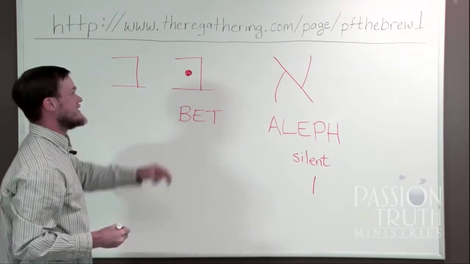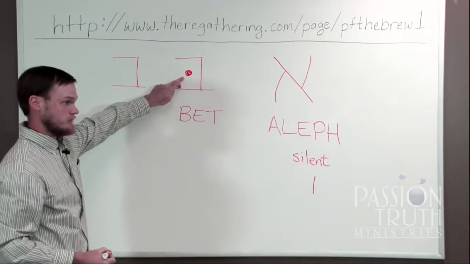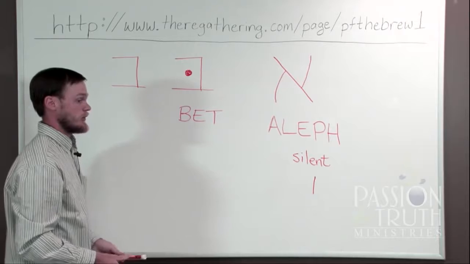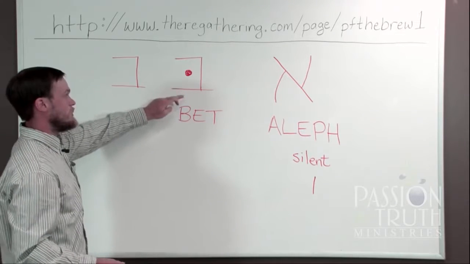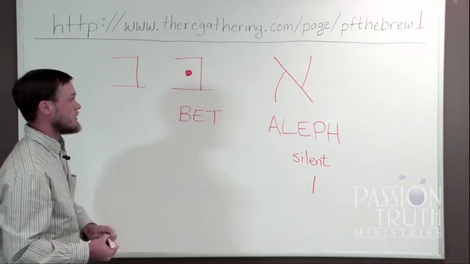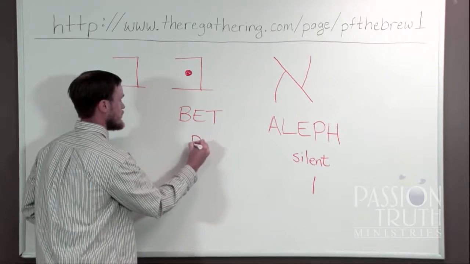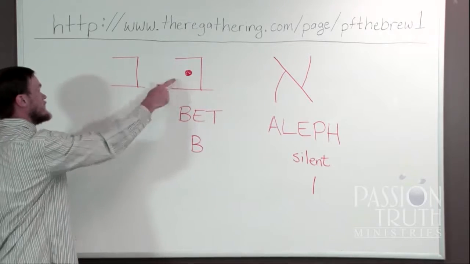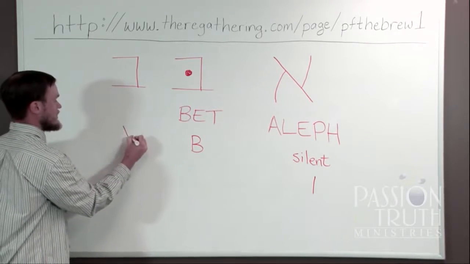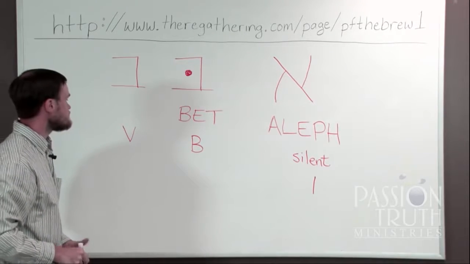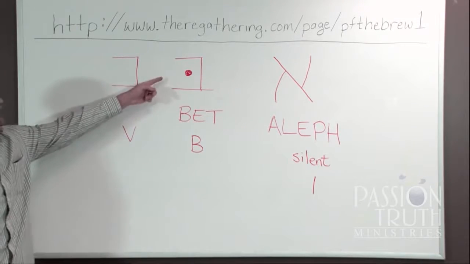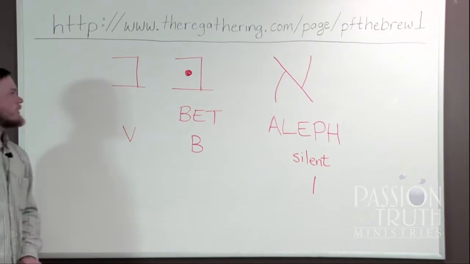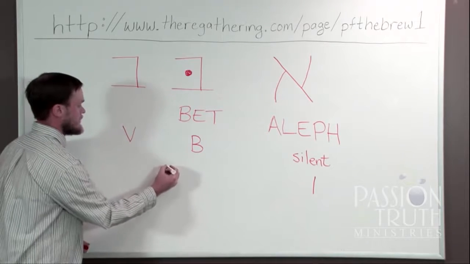That dot is called a dagesh. In some Hebrew letters, it will change the way the letter is pronounced. So in the case of bait, if it has a dagesh, it is pronounced as we would pronounce the English letter B, ba, as in boy. If it does not have a dagesh, it'll be pronounced as a V. So with a dagesh is B, without a dagesh is V. The numerical value of bait is 2.